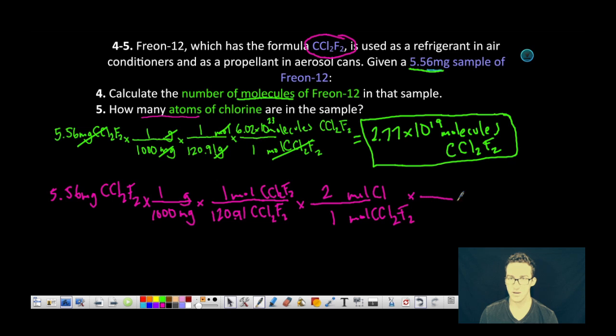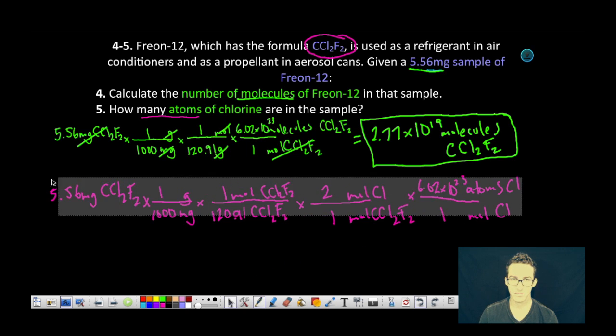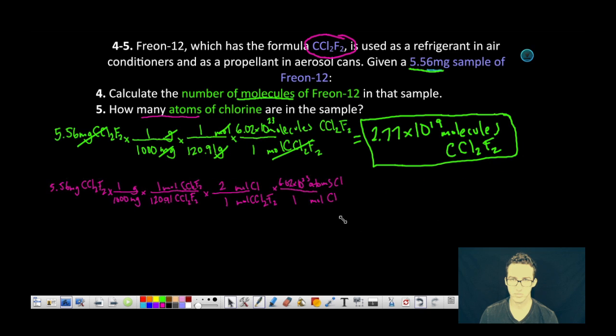And then from there, we can now go from moles to atoms of Cl using Avogadro's number, which equals 5.54 times 10 to the 19 atoms of Cl.